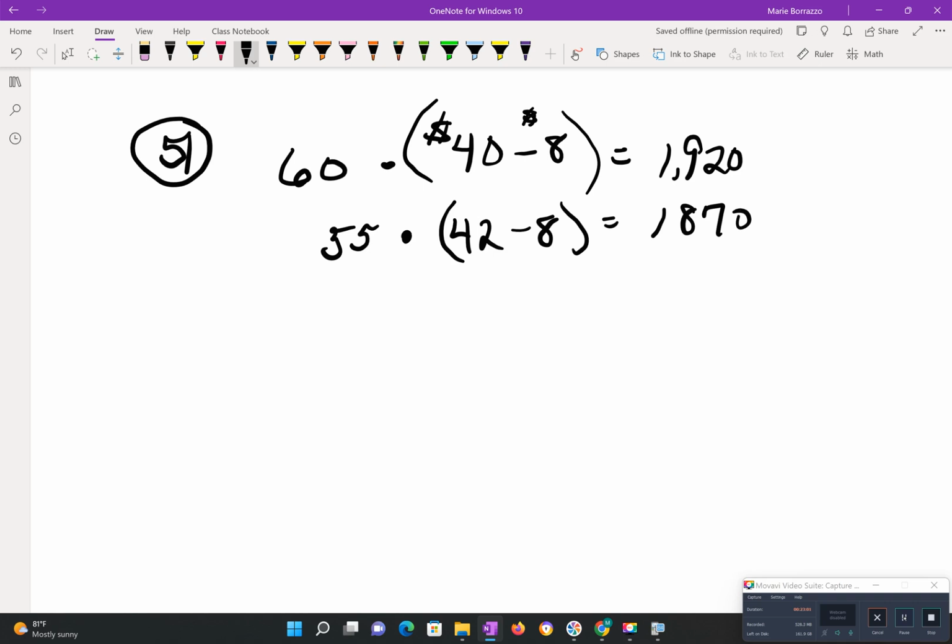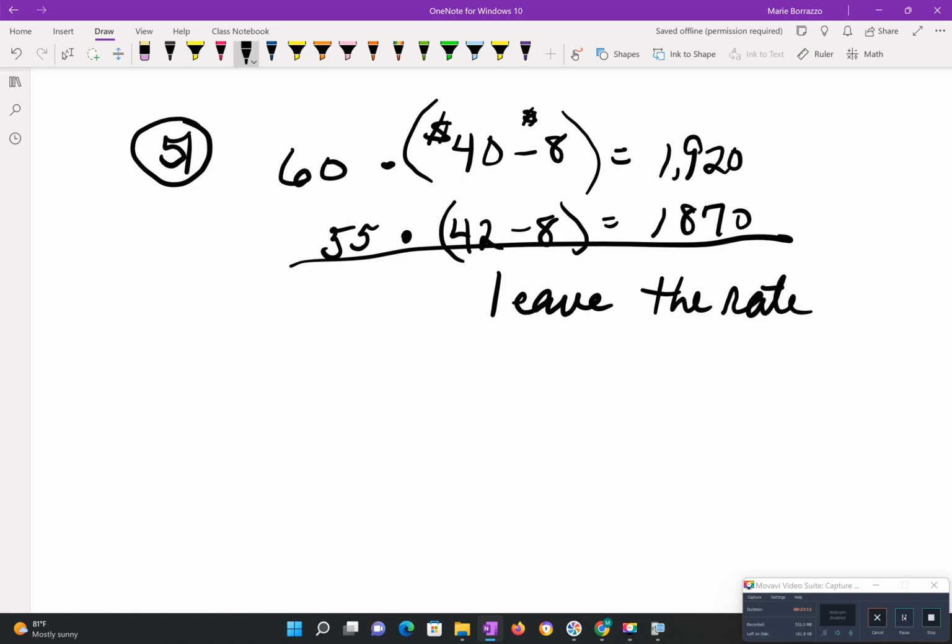It makes absolutely no sense that they change the rate, so leave the rate alone. So that's just using common sense. I believe that's answer choice C for the question.